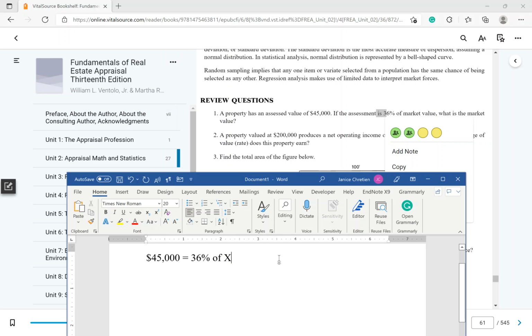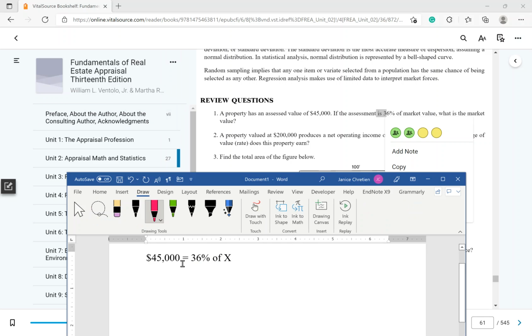So in order to solve for x, I need to have my 45,000 and my 36% on the same side of the equal sign, leaving only the x on this side. So in order to do that, I simply divide both sides by 36%.